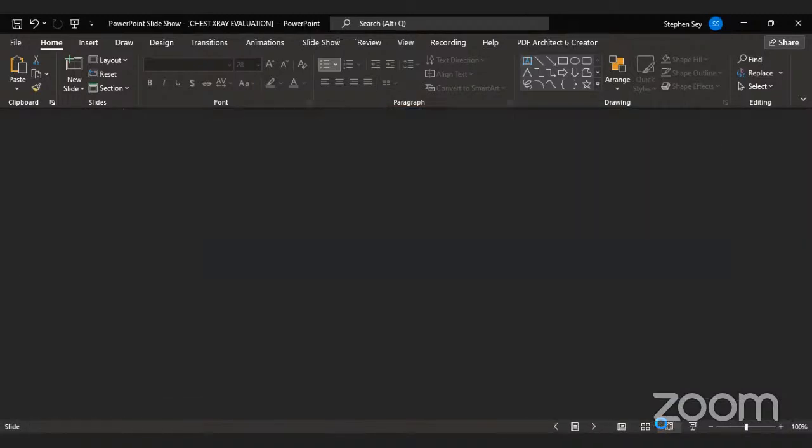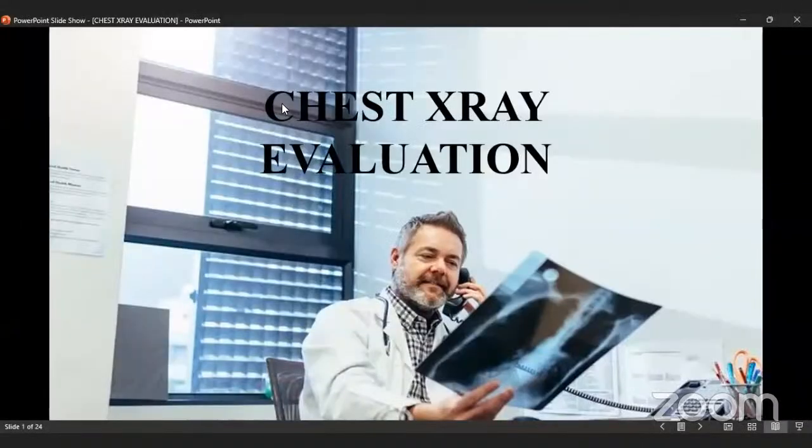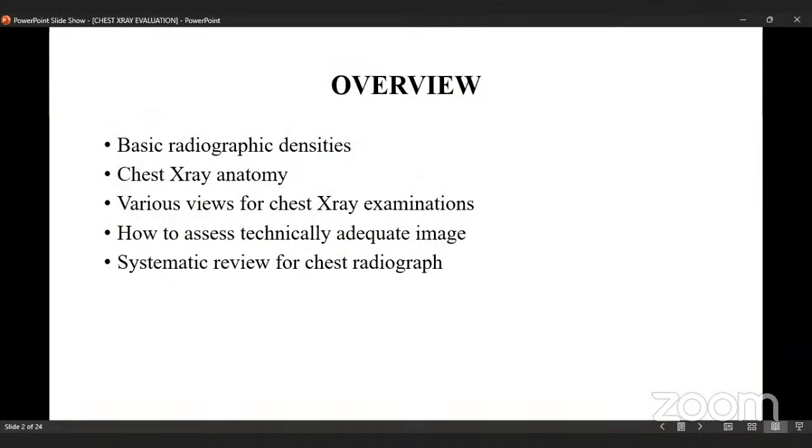The topic for today's session is chest radiography, mainly chest X-ray evaluation, that is, how to read chest X-ray images. With an overview, we'll be looking at the basic radiographic densities. Then we move on to the chest X-ray anatomy.